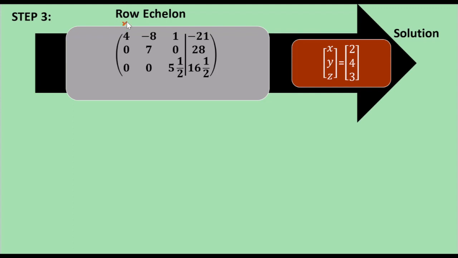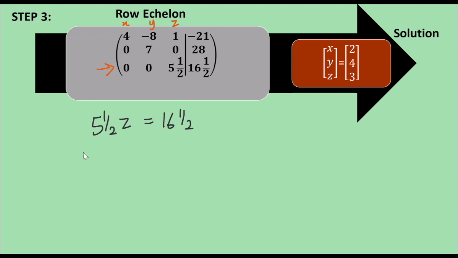So we had x, y, and z. And we are starting with the last row. So we have here 5.5z equals 16.5.